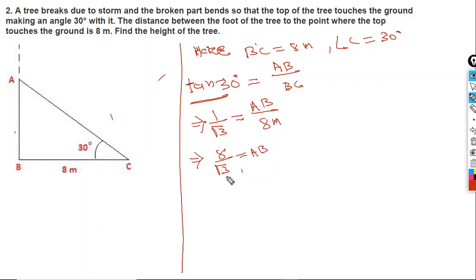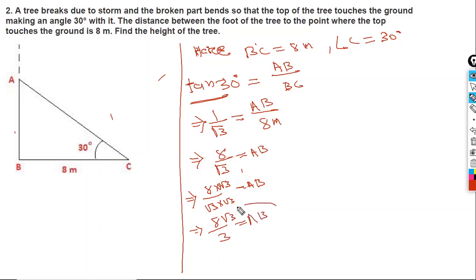Okay, now what you can do? You can rationalize the denominator. Implies 8 by root 3 into root 3 by root 3 equals AB, which implies it will be equal to 8 into root 3 by 3. 8 root 3 by 3 equals AB.